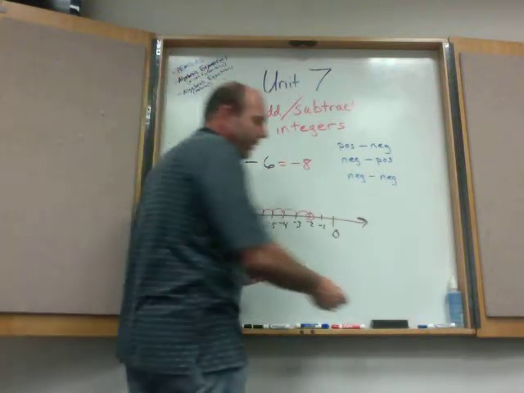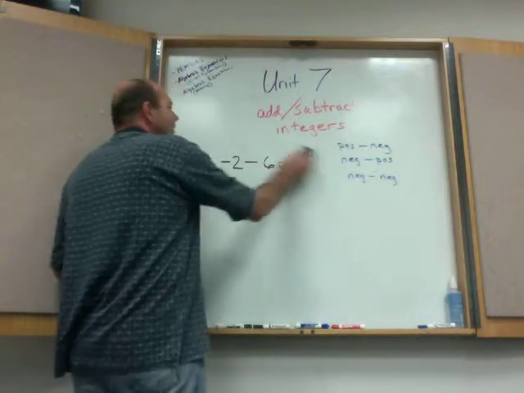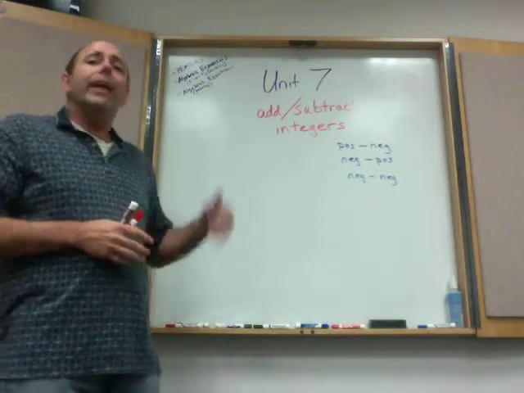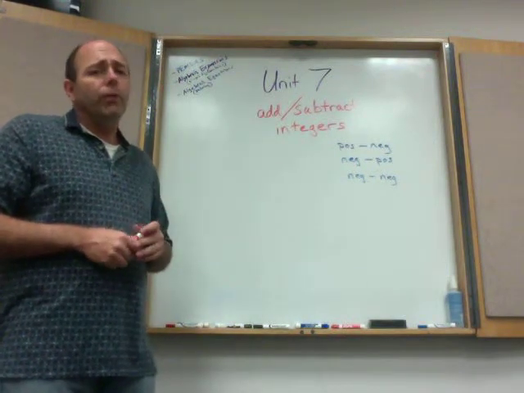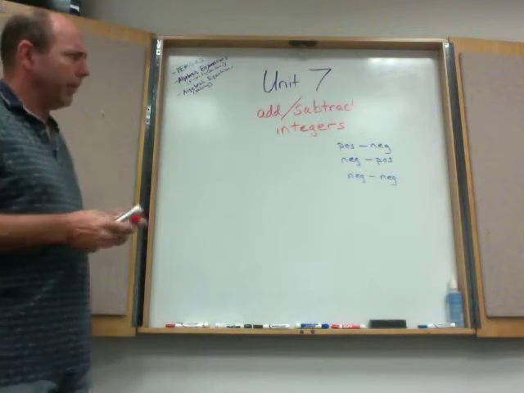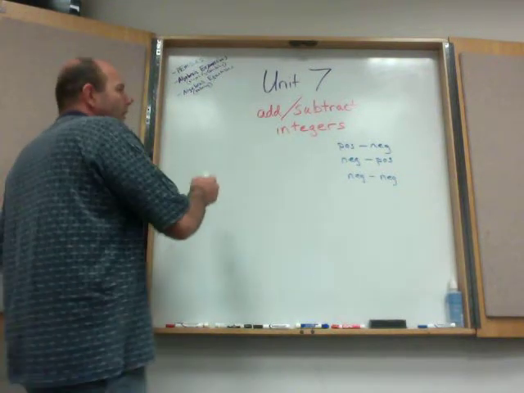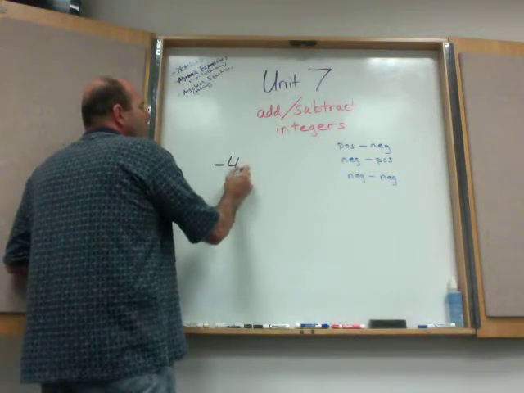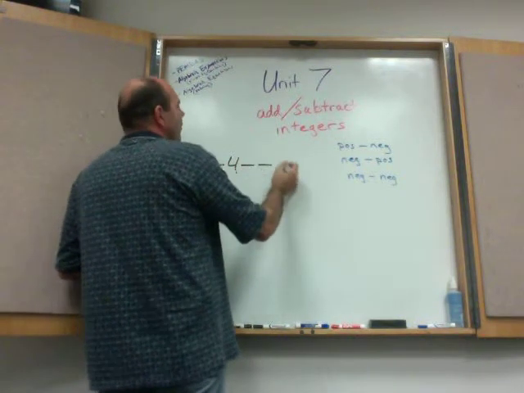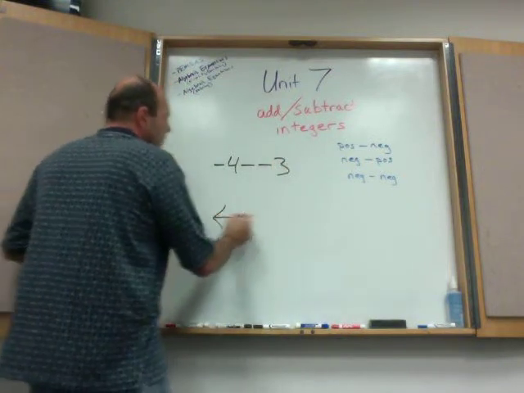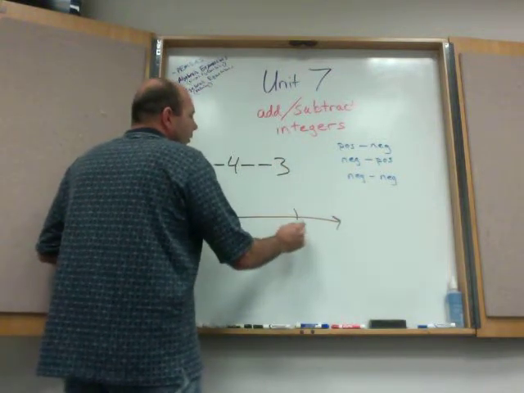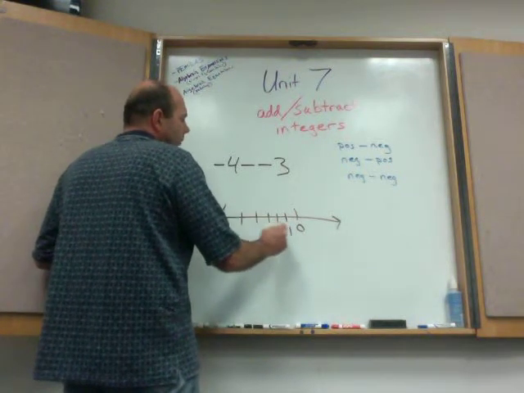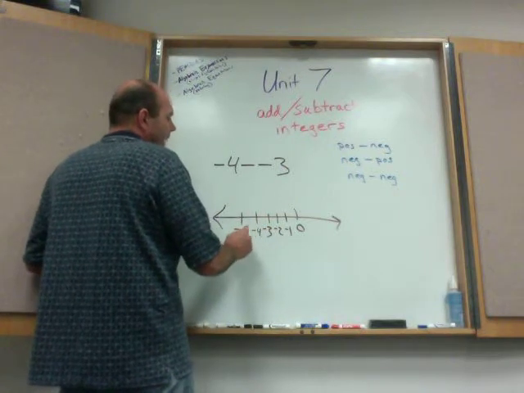And the final one is negative minus a negative. You can see why this starts to get a little bit confusing. So if you use your number line and continue this method, it's a good visualization, and it keeps you from getting mixed up. If I have, let's say, negative 4 minus a negative 3. 0 through 5 and negative 1 through negative 5.